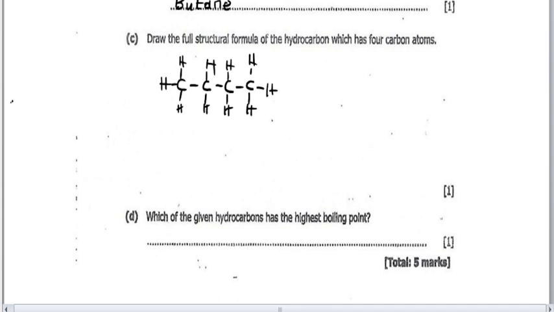Methane has only 1 carbon, whereas decane has 10 carbons. So the higher the number of carbons, the higher the boiling point. So here it is decane, C10H22. Decane is the one that has the highest boiling point.